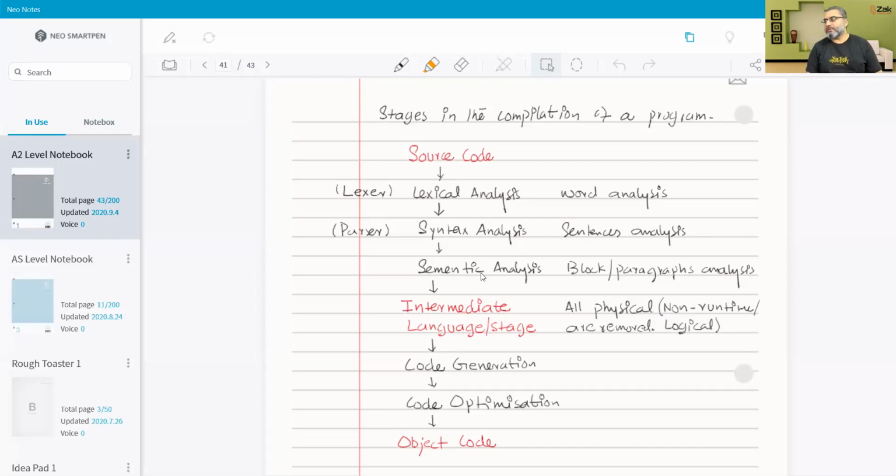So at code generation, what basically happens, that system makes use of binary trees and TAC, three address code.